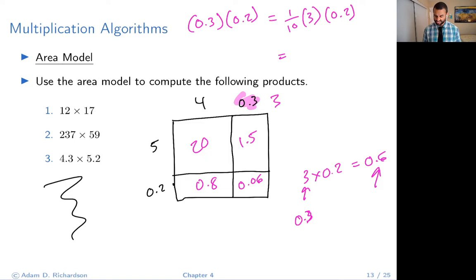I can prove this in a different way too. And then this is going to be 1/10 times 0.6, which is going to be 0.06. In other words, this is 0.6 tenths, right? And if you've got 0.6 tenths, then you're going to have 6 hundredths. That's what it is, 6 hundredths.